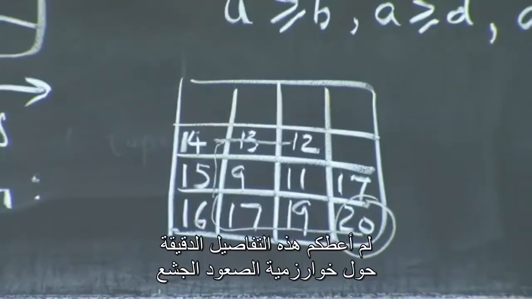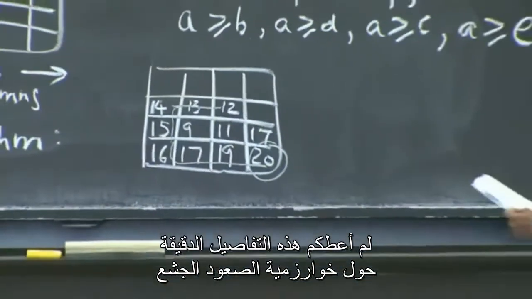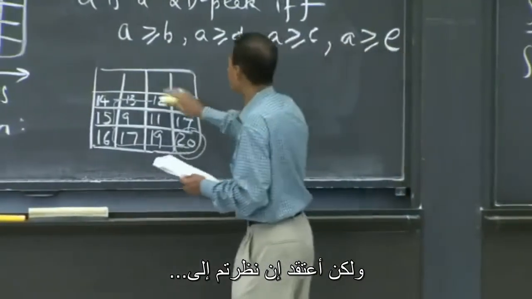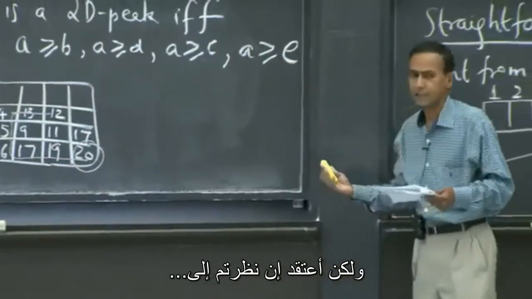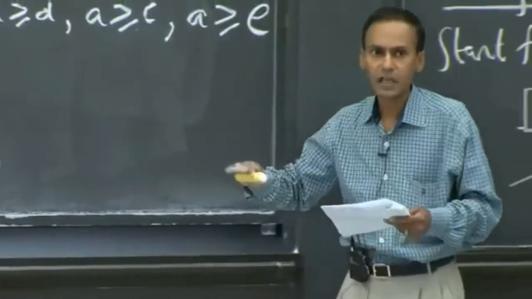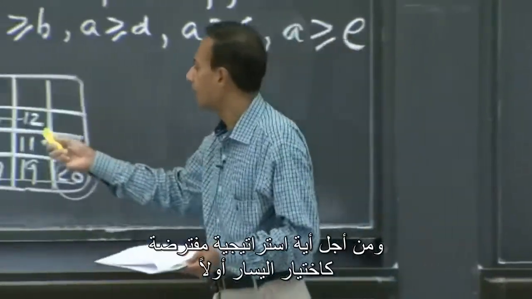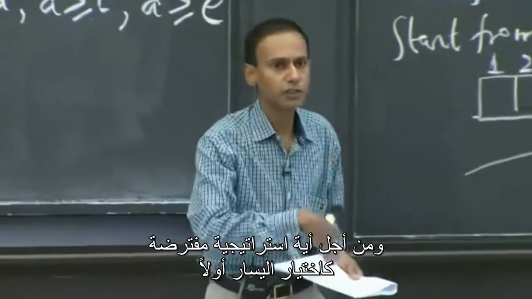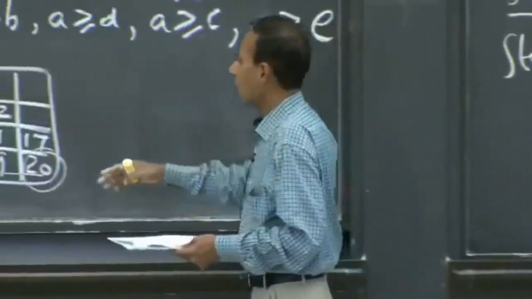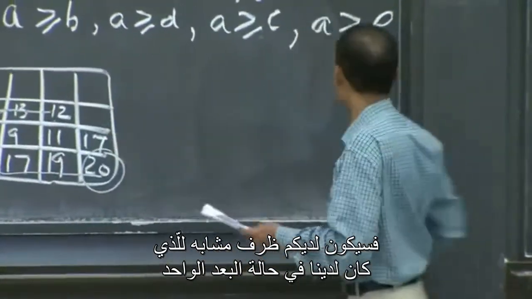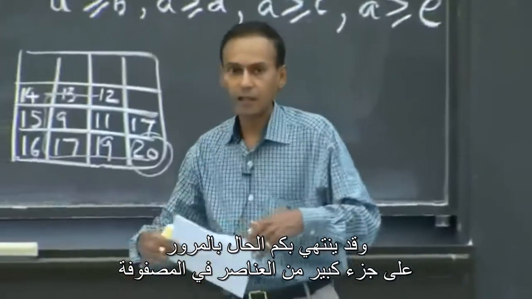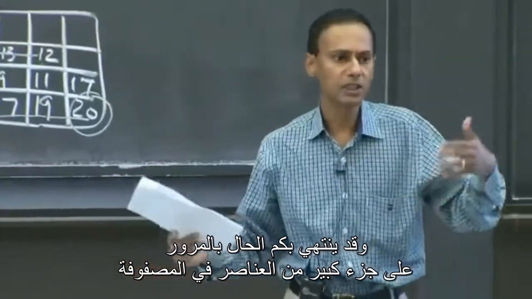Now, I haven't given you the specific details of a greedy ascent algorithm, but if you look at the worst case possibilities for a given matrix, for any given starting point and any given strategy of choosing left first versus right first, or down first versus up first, you will have a situation where, just like in the 1D case, you may end up touching a large fraction of the elements in this 2D array.